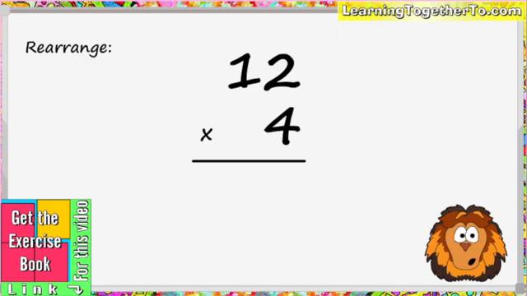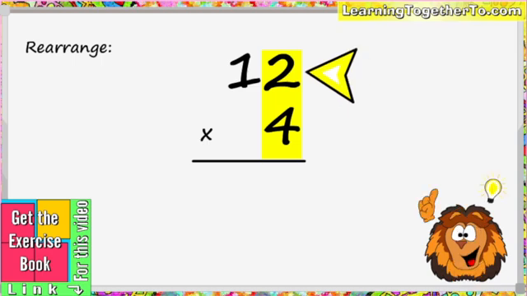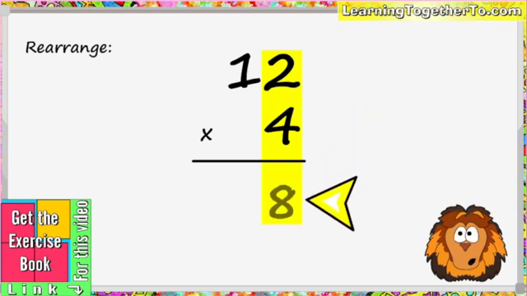Eric, now we multiply. We are going to multiply every digit in 12 by 4, starting with the 2 and working our way left. 4 times 2 is equal to 8. Nice job, Eric. Eric, we write our result below the line in the same column as the numbers we just multiplied.